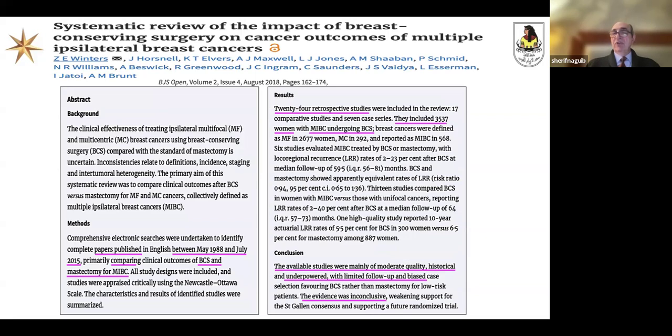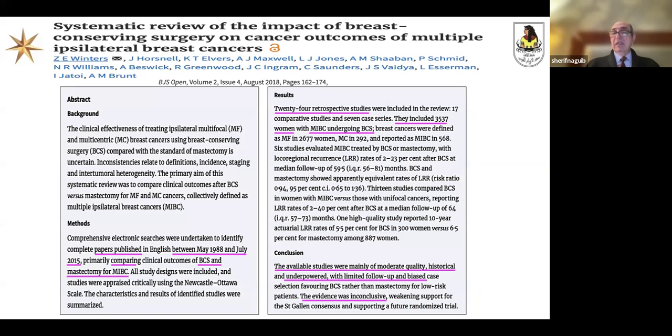underwent breast conserving surgery. And at the end, it came out with the conclusion that until today, and this is really unfortunate, the available studies that they had a look at were mainly of moderate quality, historical, underpowered, and they were all associated with limited follow-up, and they were biased.